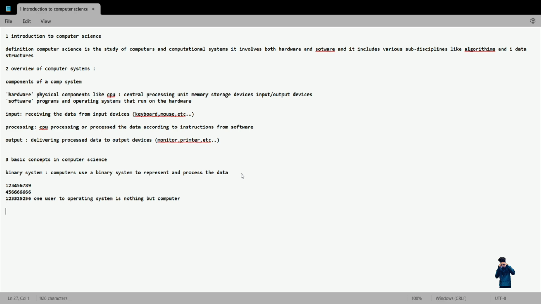After completion of binary language, in this binary language, we consider two subtopics.